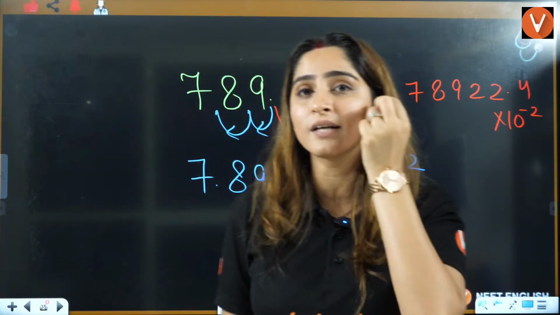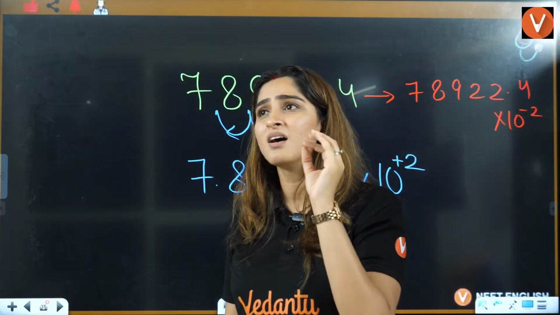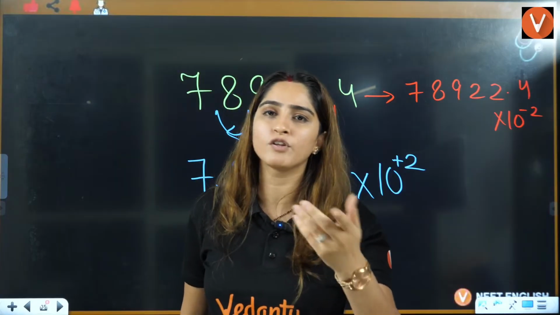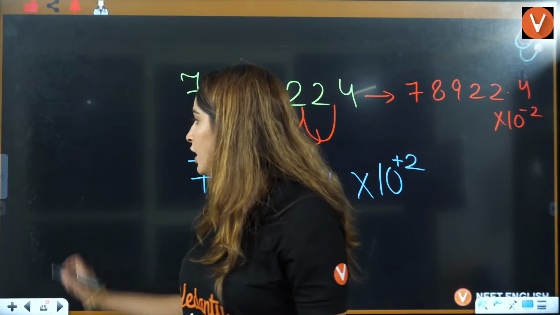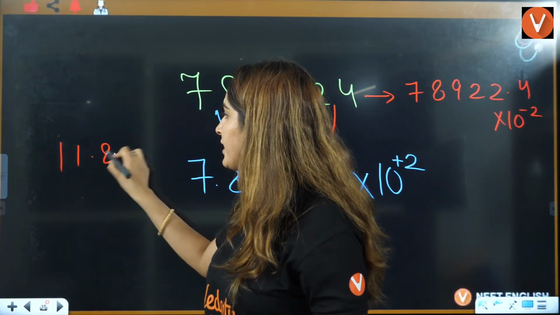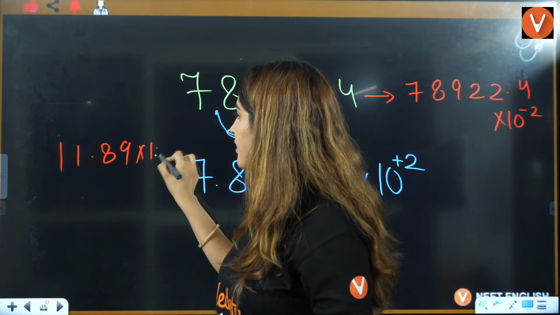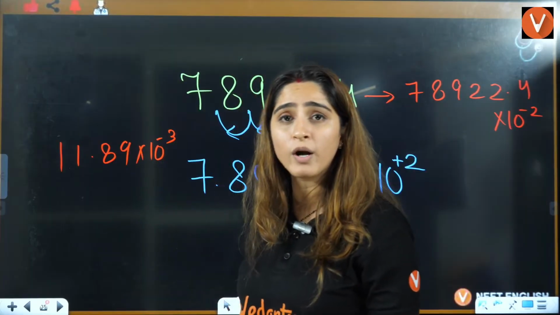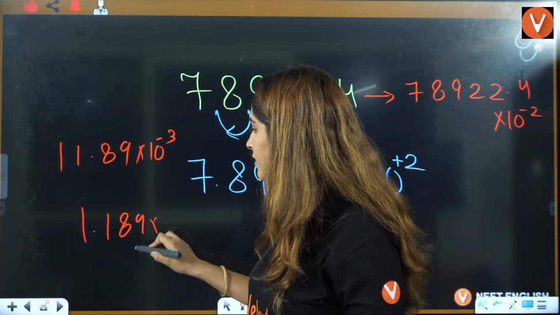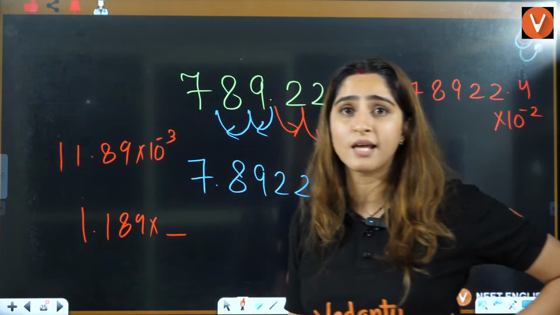Whenever you're shifting the decimals, because in questions, like in NEET examinations also, they give the options like that only. Let's say you're having the answer as 1.89 multiplied by 10 raised to power minus 3. What kind of answer will they give you? 1.189 multiplied by this thing. Now, you don't know what this is, you get confused.